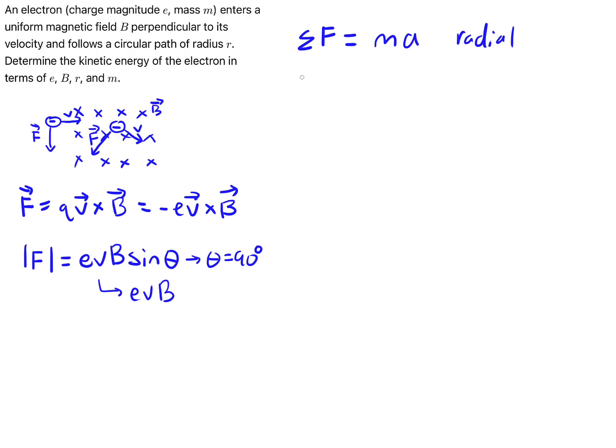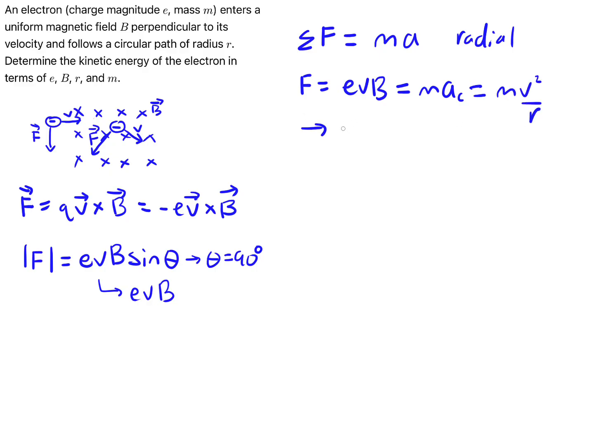So the magnitude, e v B, is equal to m times a, and the acceleration in the radial direction is just the centripetal acceleration, v squared over r.